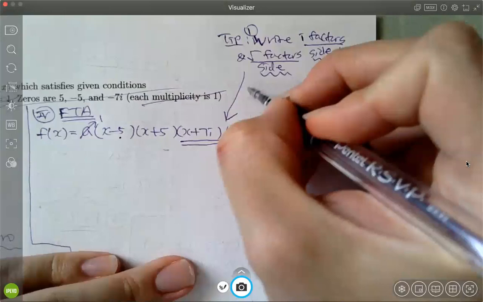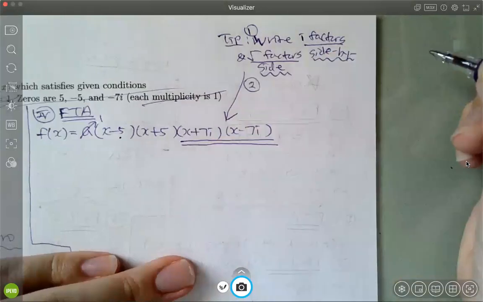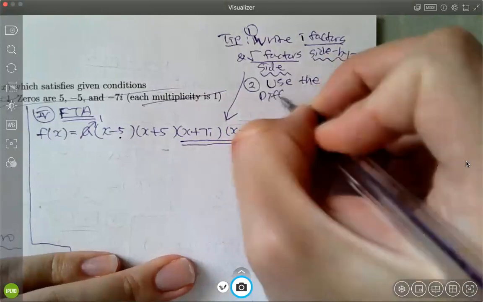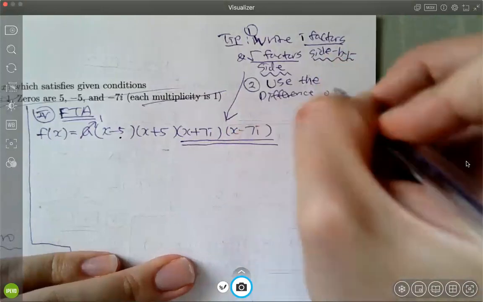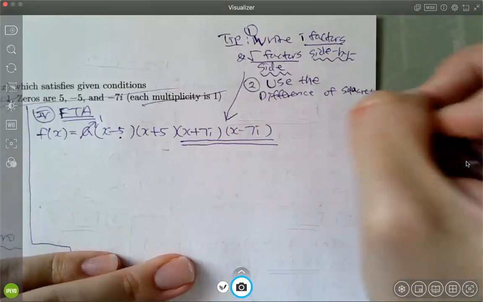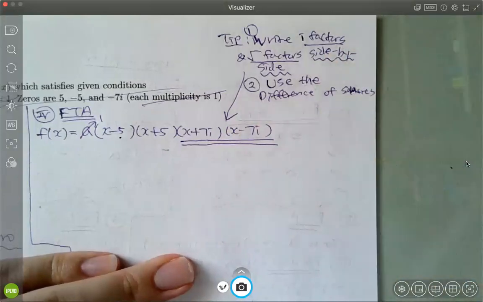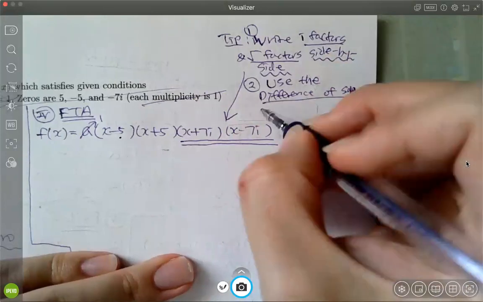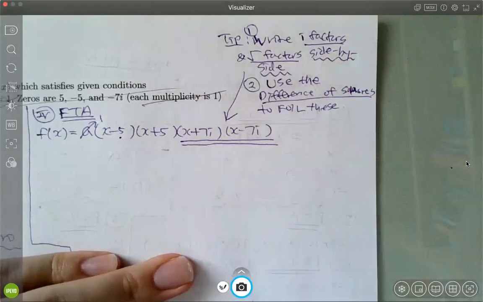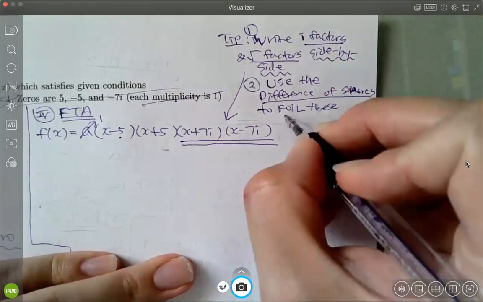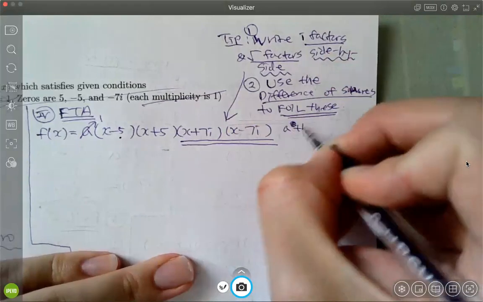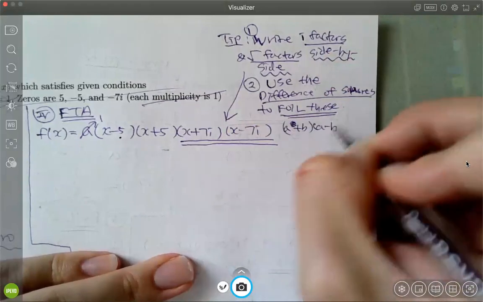And then my second recommendation, use the difference of squares to FOIL these. Okay, so now what does that mean? The difference of squares. So a plus b times a minus b is equal to what?